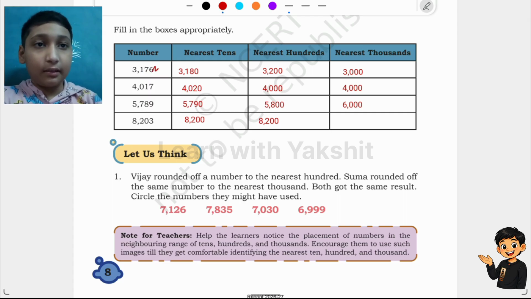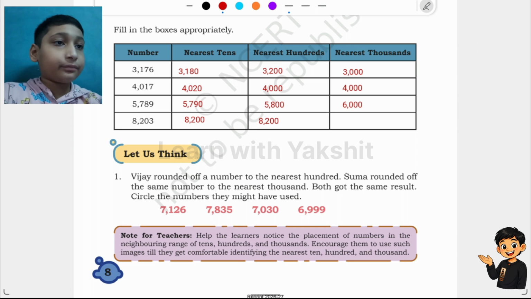Like cut this, then increase this to an 8. Okay. And here is thousands. Okay, I can write that. It's 8,000.